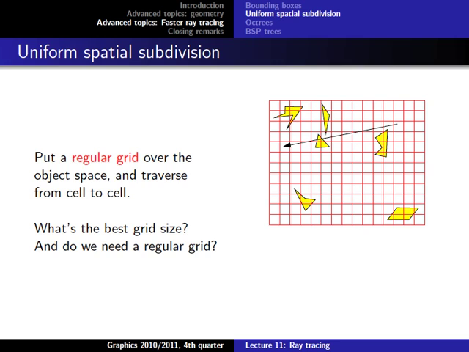And of course the most straightforward, or probably the simplest approach to do this is just use a regular grid and then traverse our ray and then see what cells intersect, and if they intersect, then we do an intersection check with the objects that are in this particular cell.